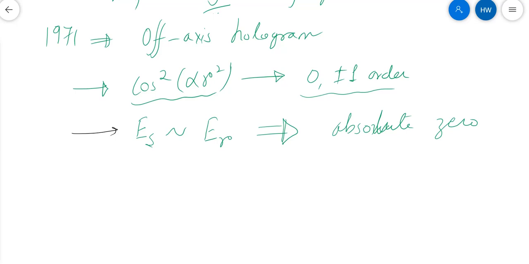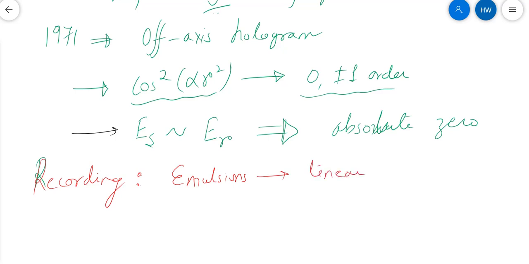Now there is an issue with recording, so let me make another comment. The emulsions that one uses are incapable of responding linearly. Linear response is what one wants. That is, if I have twice the amount of intensity, similarly twice the amount of, for example, silver ions have to be released.